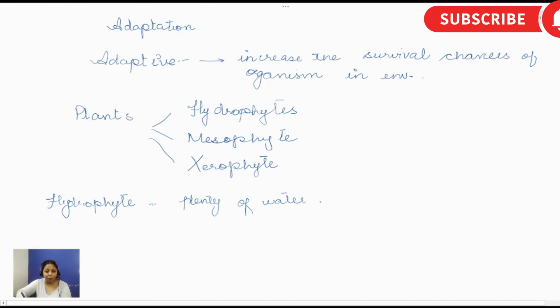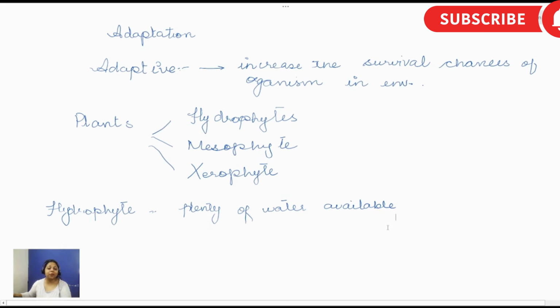They are the water plants. They grow in water, so they need to get rid of the extra water. They need to remove extra water from them. So they have a large number of stomata.